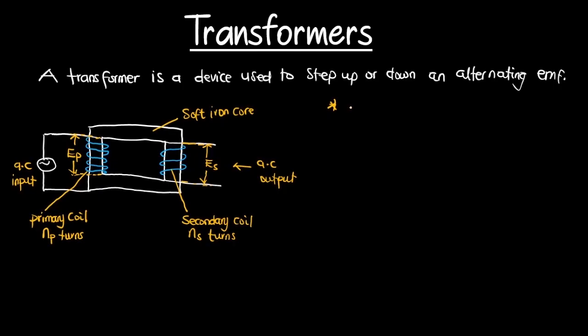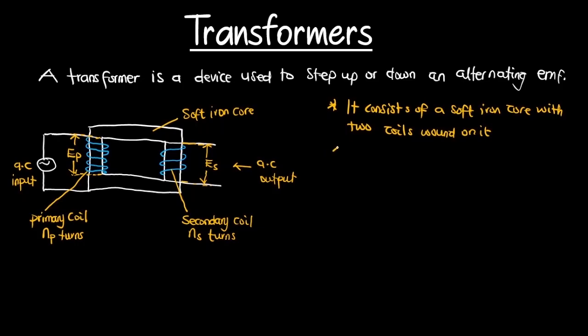So we are saying that it consists of a soft iron core with two coils wound on it, right? Okay, another thing we should know is that the first coil is what we call the primary coil.